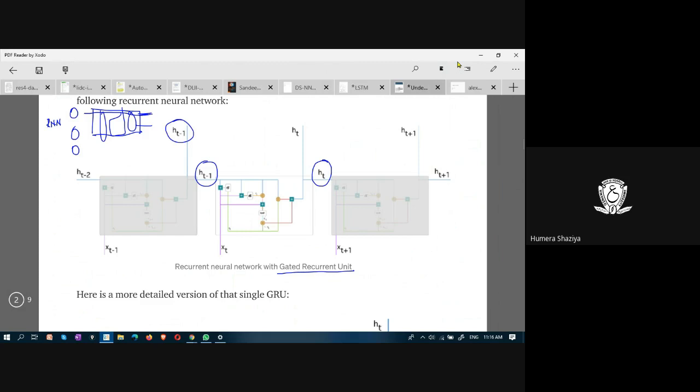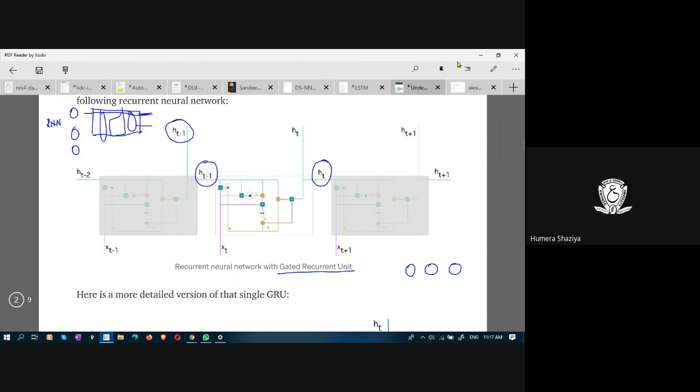You can give out the output at every step, or you can just give one single output. There is an option we already studied in RNN. You can give output at every layer, or you can combine this processing and release only a single output. These are all different types of RNN: one to one, one to many, many to one, many to many.